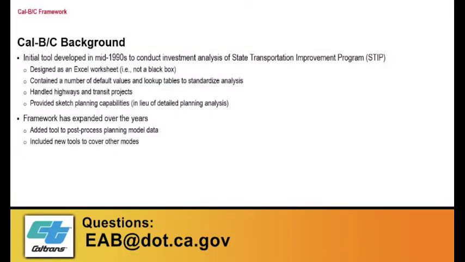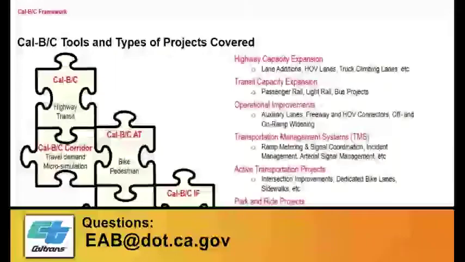We added other tools to cover other modes, like active transportation, to accommodate pedestrian and bike projects. All these CalBC tools in the framework use the same assumptions and parameters. This is a picture of the CalBC framework.